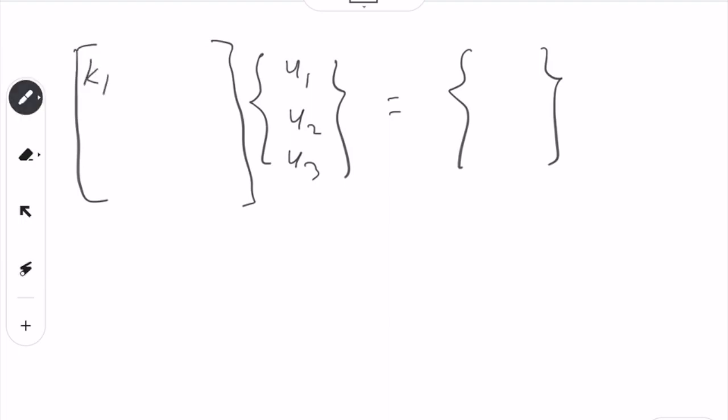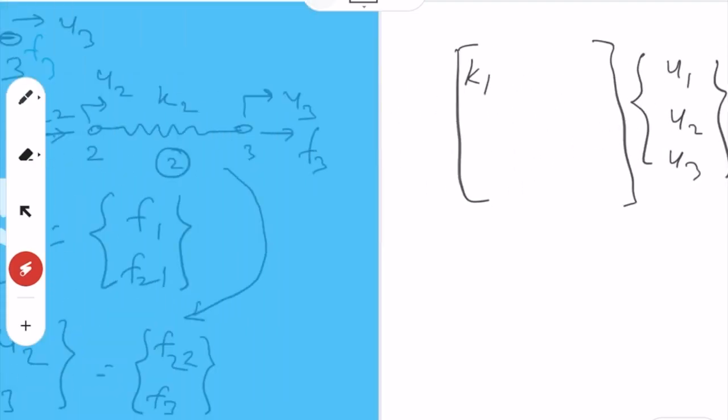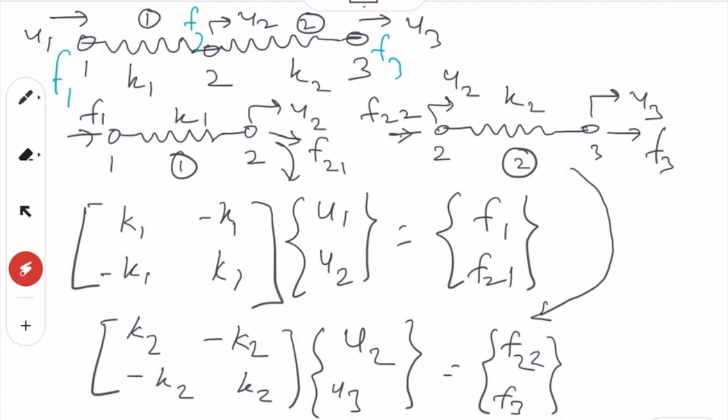Now let us go back. Then we have the first equation, K1 multiplied to U1, so I have written K1 already, then minus K1 multiplies U2.